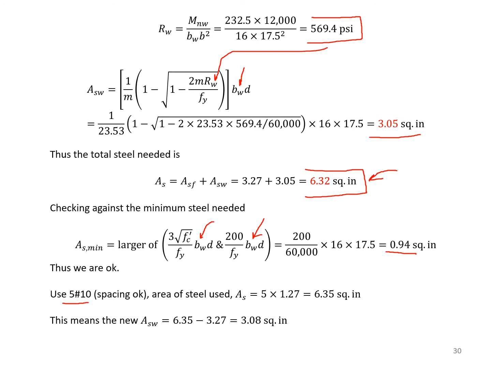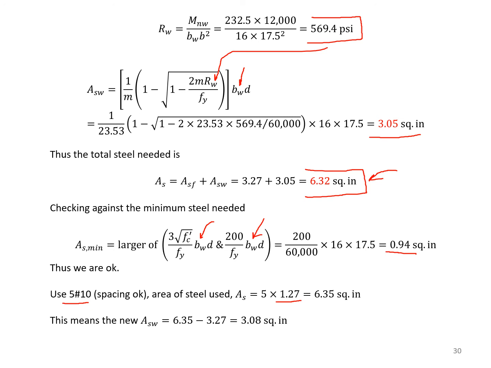Yes. What you need to do is consider the fact that each number 10 has a diameter of 1.27. Number 10 is a very peculiar bar. Its cross-sectional area is 1.27, and numerically its diameter is also 1.27. So you get 5 bars, 5 multiplied by 1.27, plus 2 stirrups, so 2 times 3/8 inch, plus 1.5 inches of protection cover on each side.